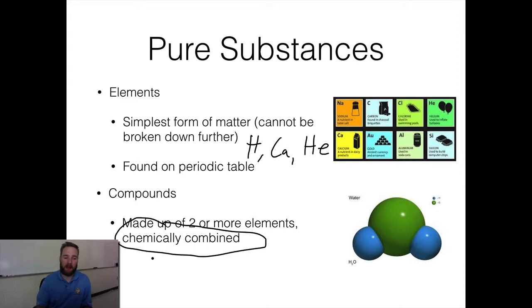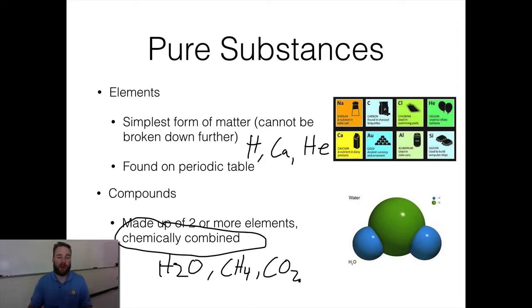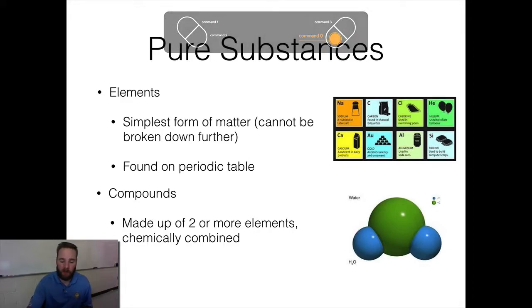So, some examples of compounds that you are probably familiar with. Good old H2O, water. CH4 is methane, and notice you have different elements here, and we'll talk about later on in the year how they chemically combine. CO2 is what you're breathing out right now. These are all compounds, two or more elements that are chemically combined.